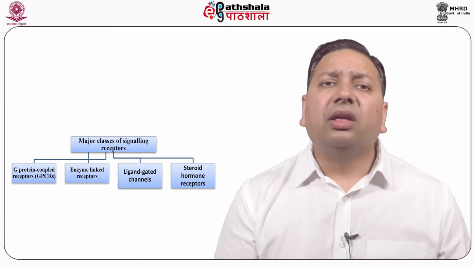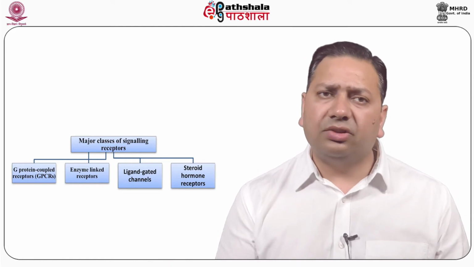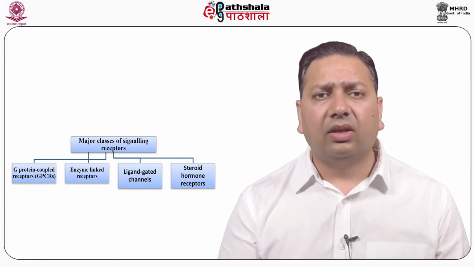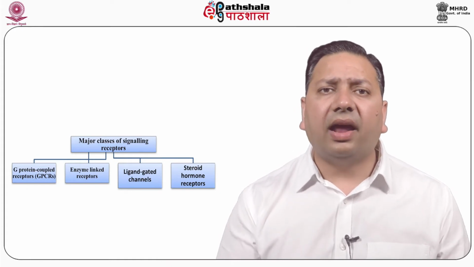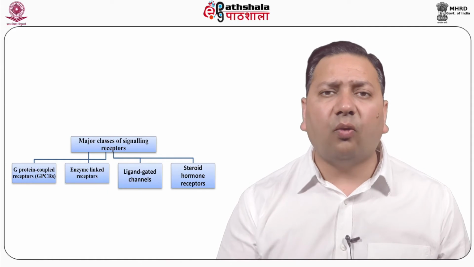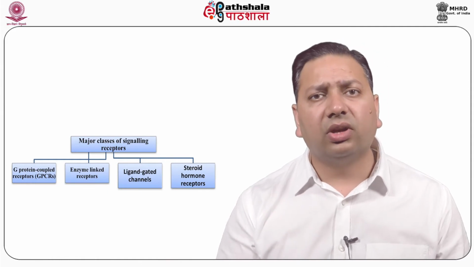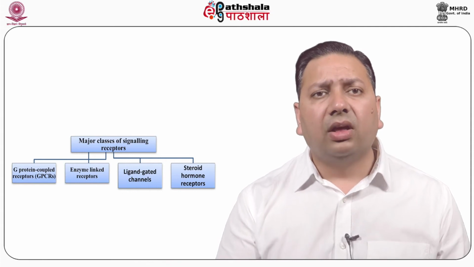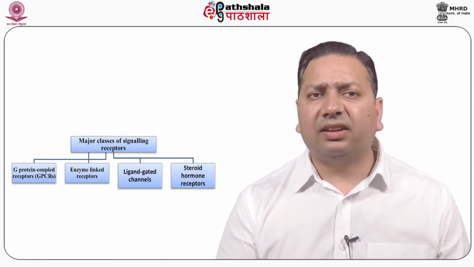We have different types of receptor molecules. Number 1, G protein coupled receptors, which we call GPCRs. These receptors contain 7 transmembrane alpha helices and translate the binding of extracellular signaling molecules into the activation of GTP binding domains. Number 2, we have enzyme linked receptors.